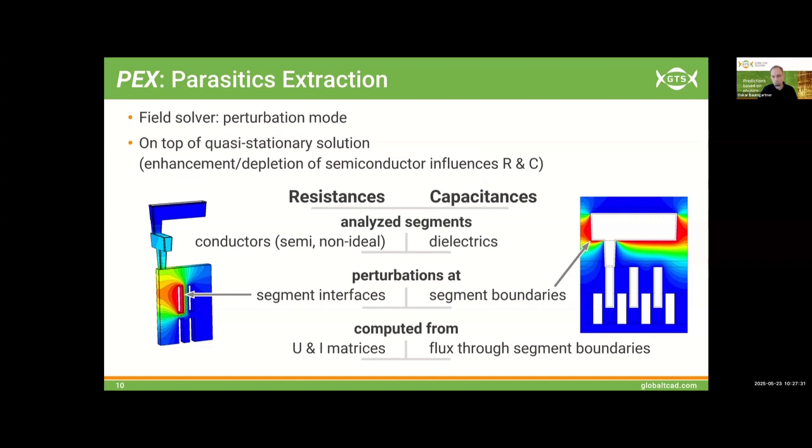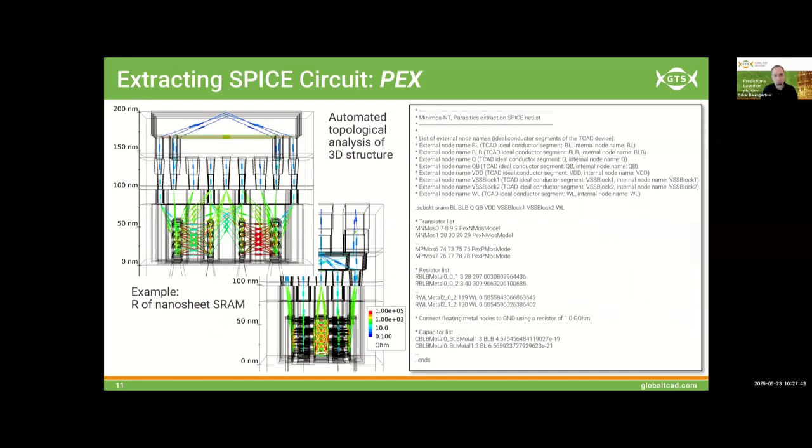So we need an automated way to efficiently extract this from our device structure, and we do this using perturbative methods, and we combine an automated topological analysis of the 3D structure. So it's purely rule-based to actually generate the nodes where we measure our RCs in the 3D structure and then obtain a SPICE netlist that we can then later use for our analysis.